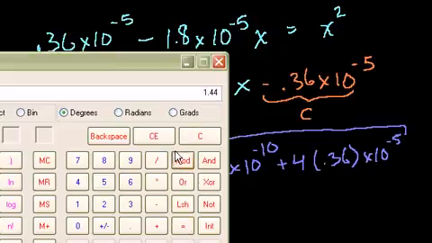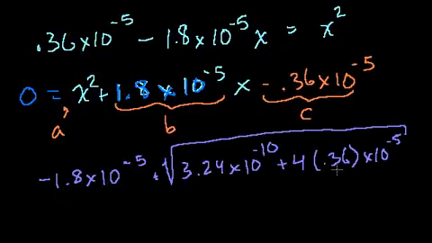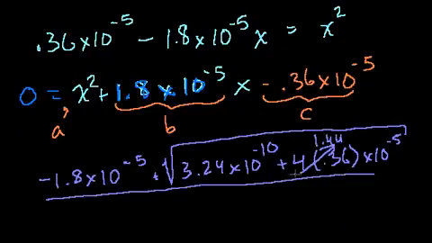I should have been able to do that in my head. Now you have 1.44 e minus 5. And of course, all of this is over 2a.